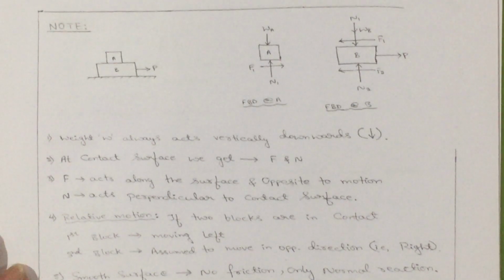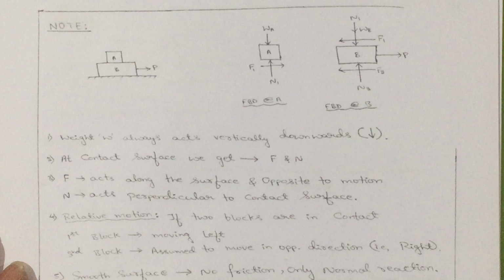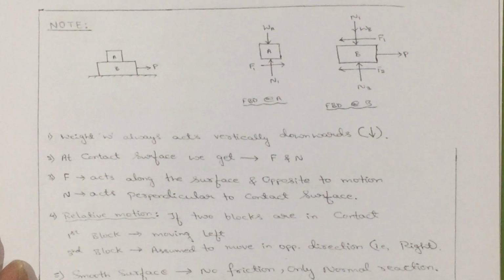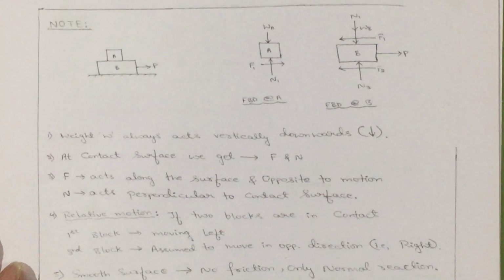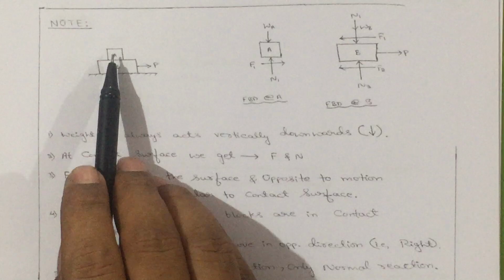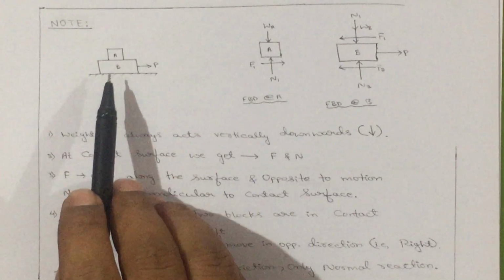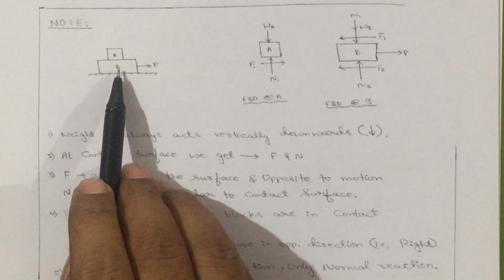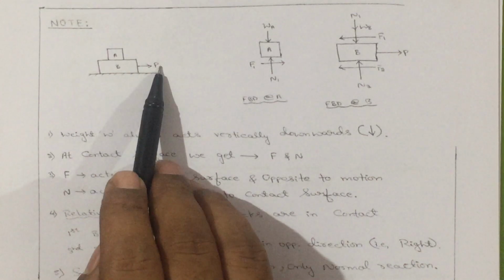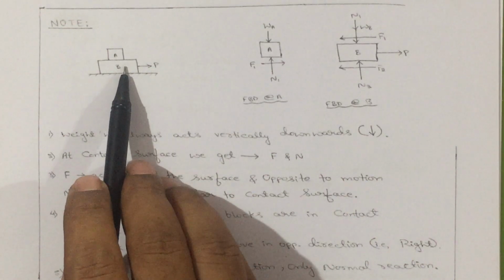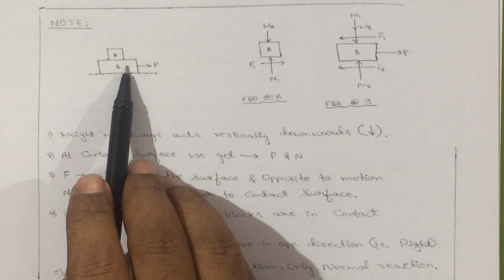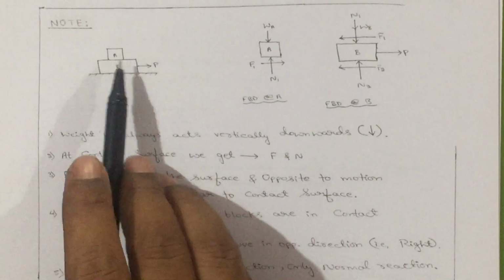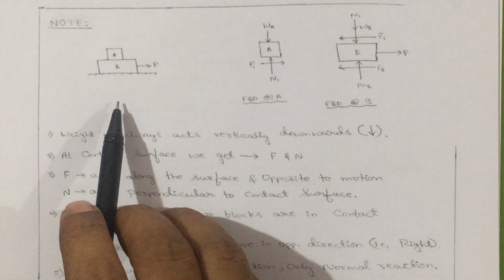Now, before solving the problem, there are some important notes, instructions or suggestions you need to keep in mind. Here we can observe two bodies A and B, and the body B is being pulled towards the right. If the body B is going to move towards the right, then what about the body A?